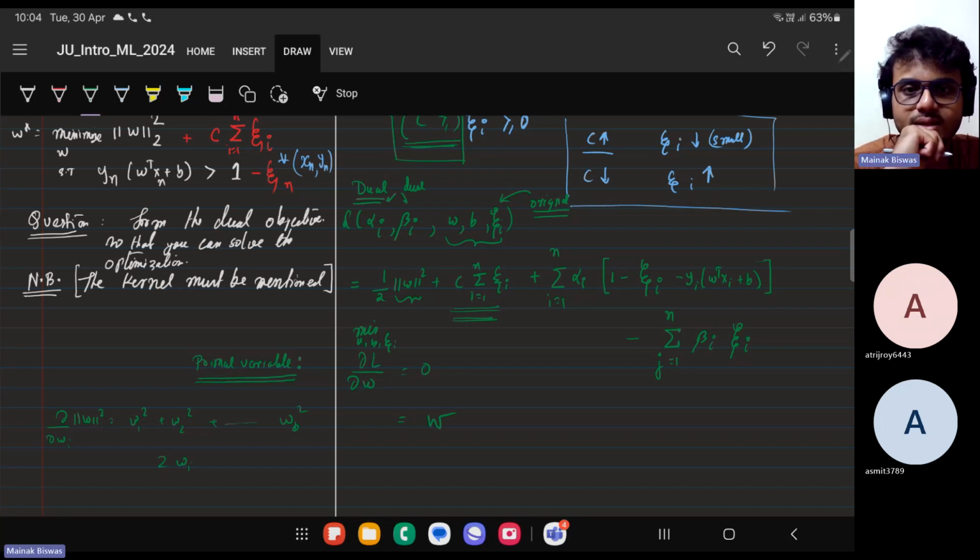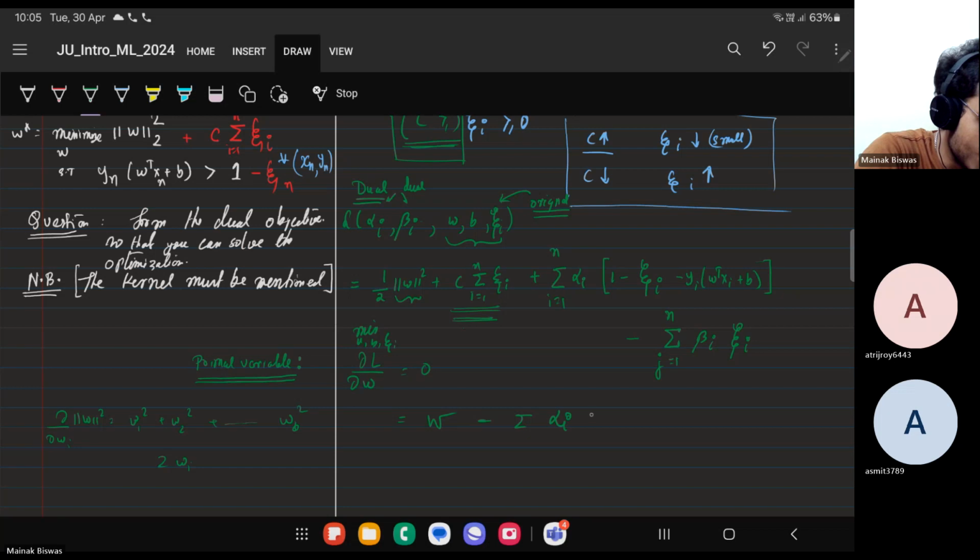Plus this is 0. Second one is 0. Then summation of alpha i yi xi, i equal to 1 to n. This is equal to 0.